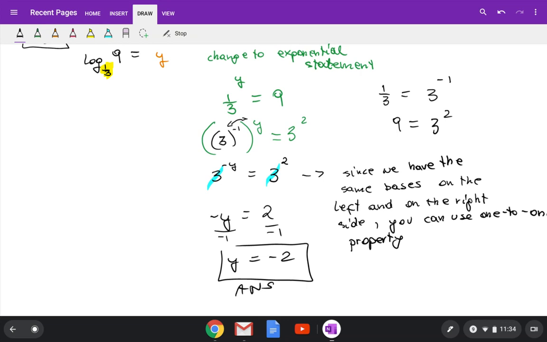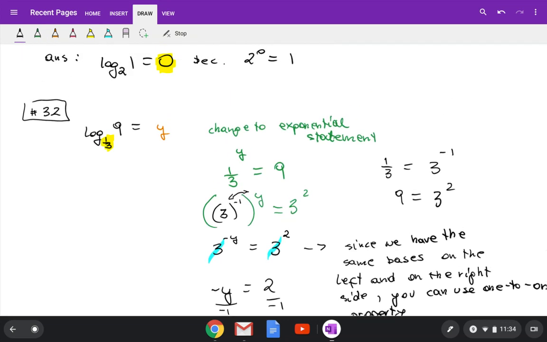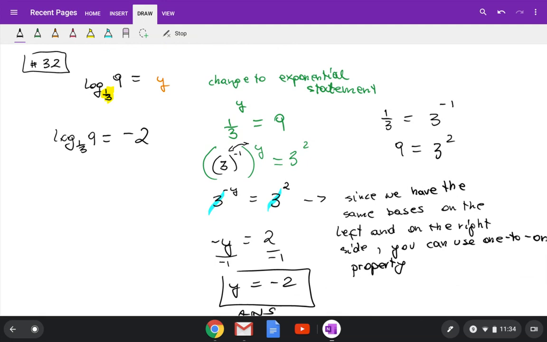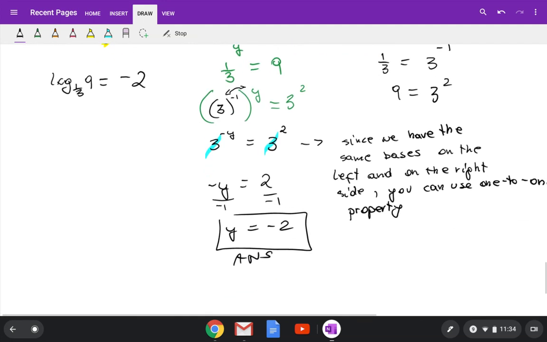Okay, going back to the problem. Logarithm function of base 1/3 of 9, it's equal to what? It's going to be equal to -2. Okay, because 1/3 to the power of -2, it's definitely equal 9.